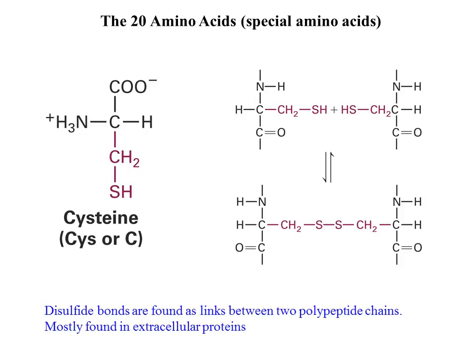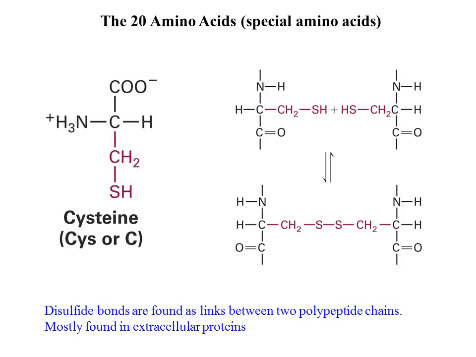Now, cysteine, that's the other sulfur-containing amino acid in the family. That is actually unique because this SH, which is part of the R group of cysteine, can engage in what we call a disulfide bridge. So if you have two cysteines in the chain, they can fold the chain and be engaged in a disulfide bridge.